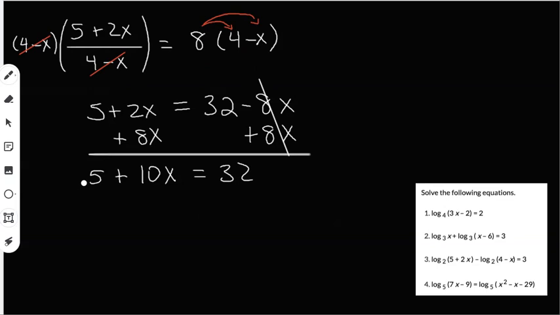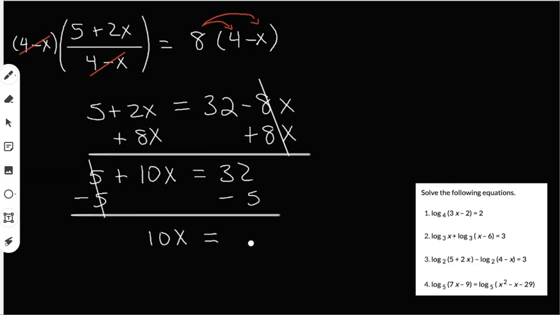Now, to get rid of that 5, I need to subtract it from both sides, because the 5 is positive, and I can get rid of it by subtracting 5. So those cancel out, and I'm left with 10x is equal to 32 minus 5, which would just be 27.